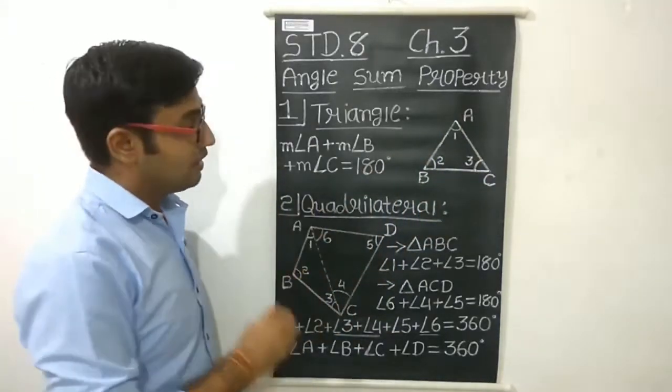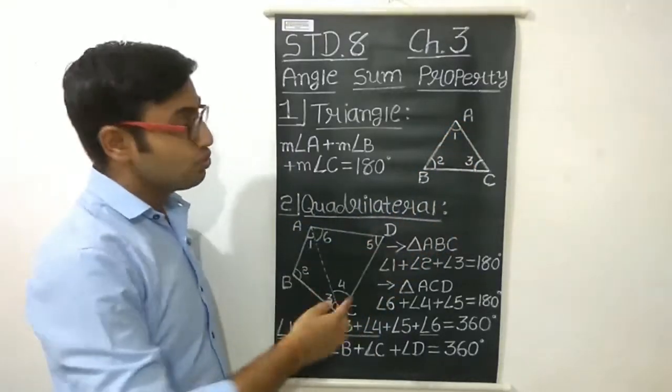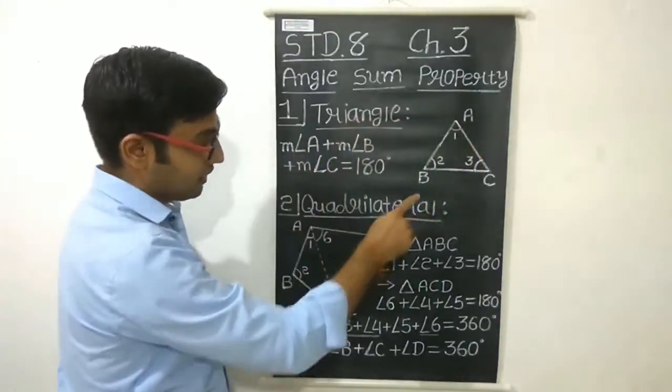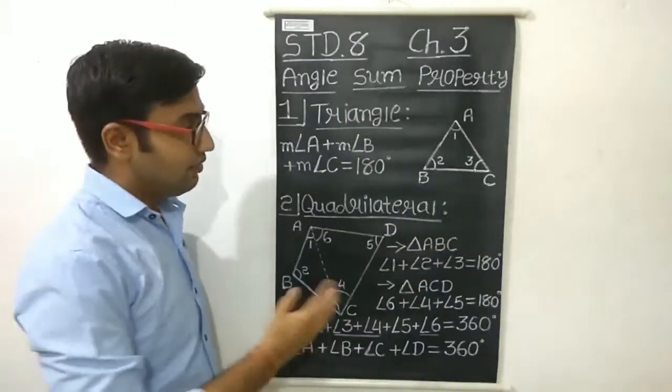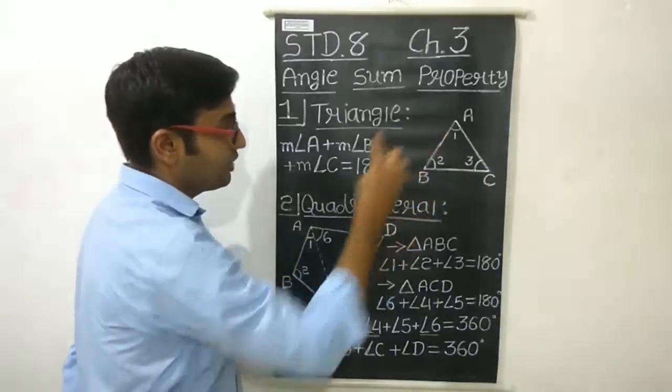Angle sum. That means if we take a triangle ABC, then this is angle A or angle 1, angle B or angle 2, angle C or angle 3. We have given the different names. So what will happen if we add all these angles?